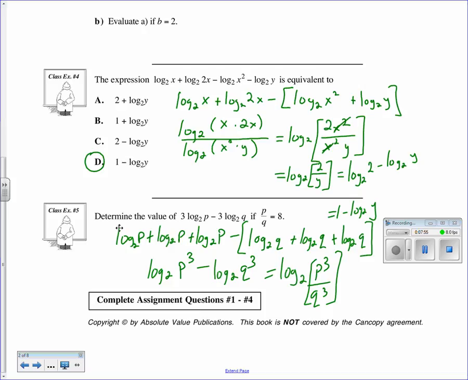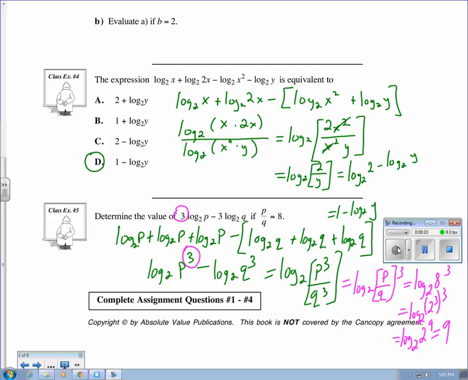We're looking to connect how this 3 and this 3 are actually connected to one another. So it seems awkward that this example was early in the class work, but hopefully it'll help us with the law. So I've got log base 2 of p cubed over q cubed, except I knew what p over q was.